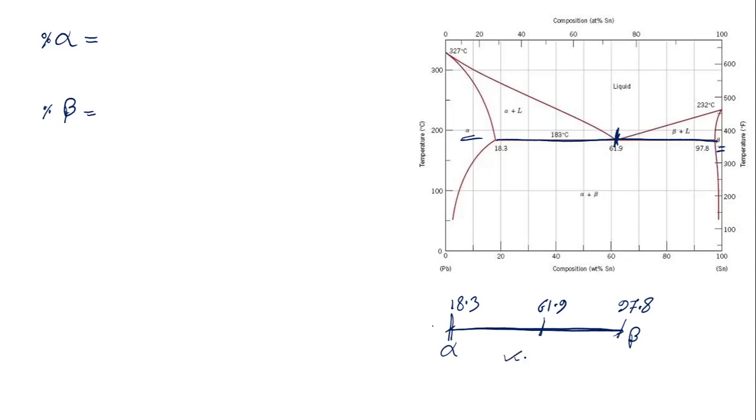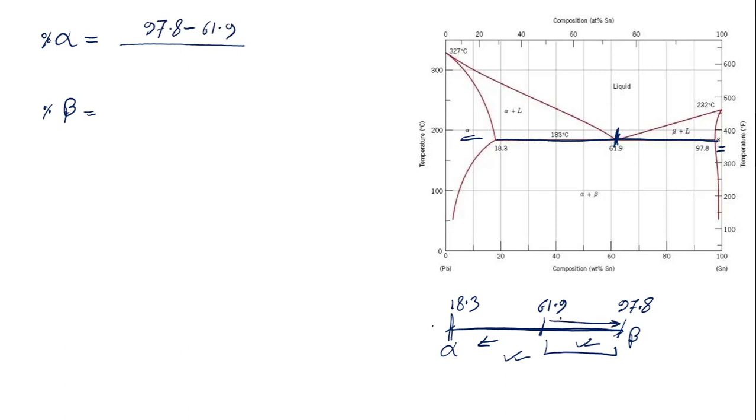So now this is actually the horizontal line. We can take help of this and find out the percentage of alpha. So for percentage of alpha, and we know alpha is in this direction now, in the numerator we have to take the opposite segment. Opposite segment means this one. So the difference is here 97.8 minus 61.9. We have to consider this difference.